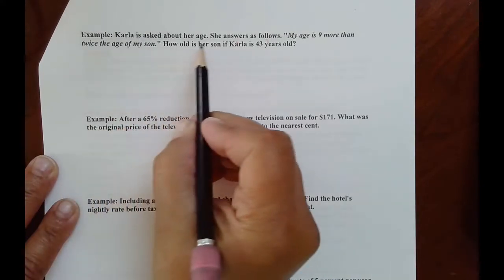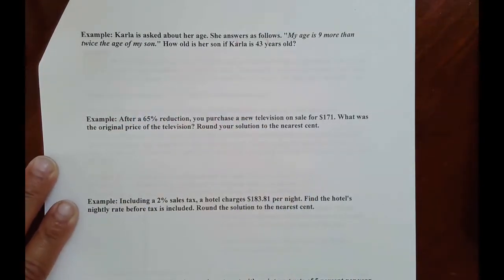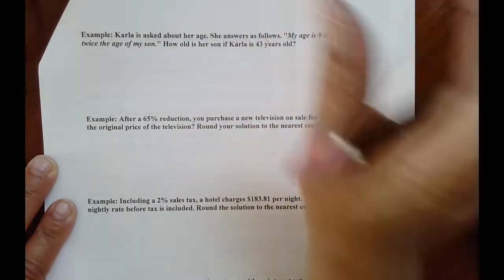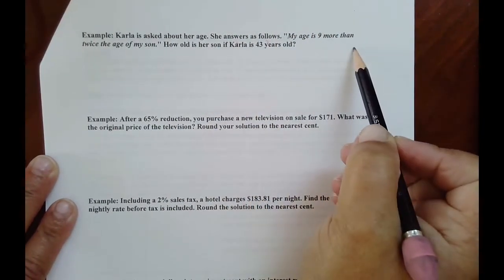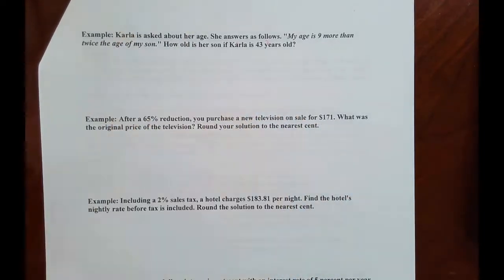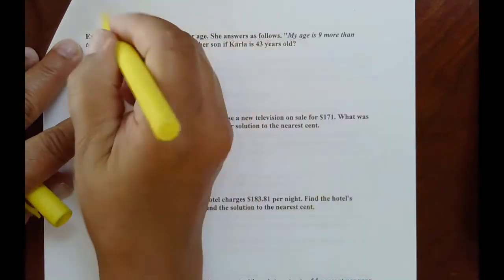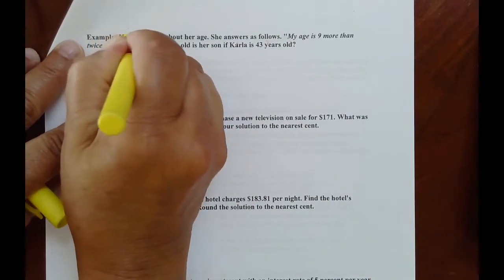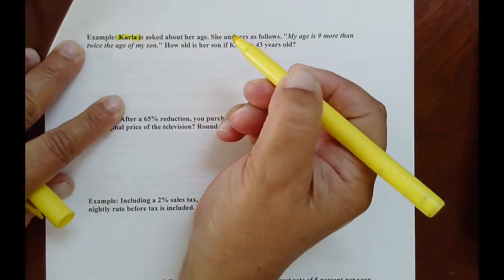Okay, so Carla is asked about her age. Excuse me. She answers as follows. My age is 9 more than twice the age of my son. Now, since there are two people here, both having different ages, those would be the two things we could represent algebraically.